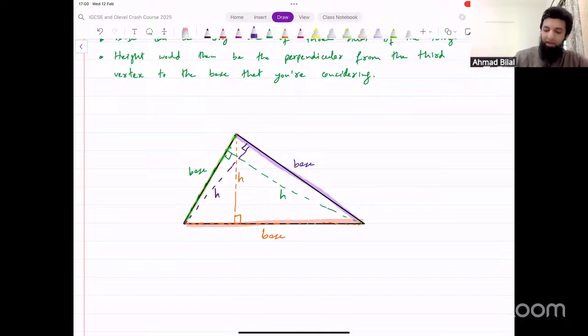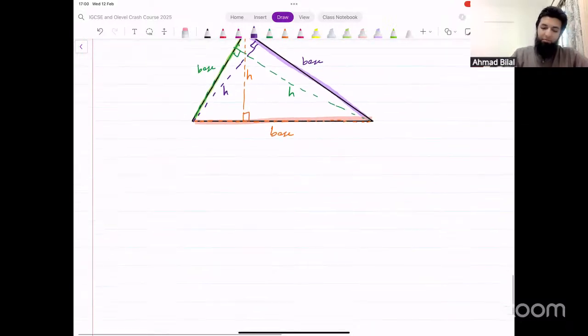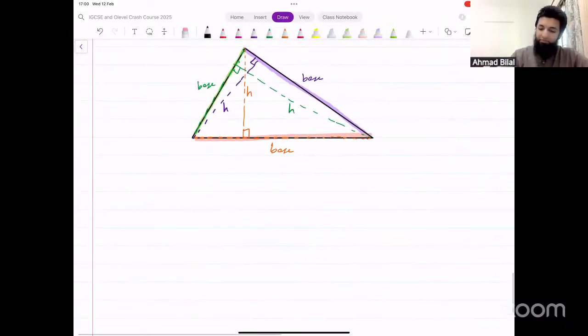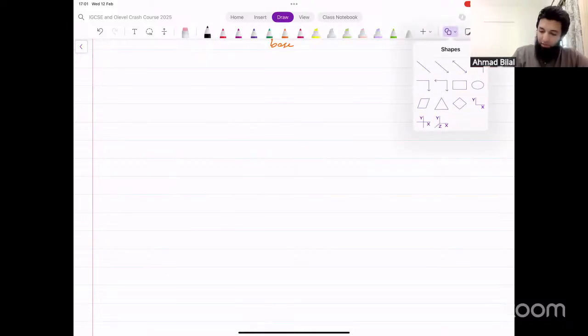This would be the height in that case. So you need to make sure when you're using the formula, you are using the correct base and height. Let's take a few examples in this now. Let's say you've got something like this. You have this triangle, a random triangle.